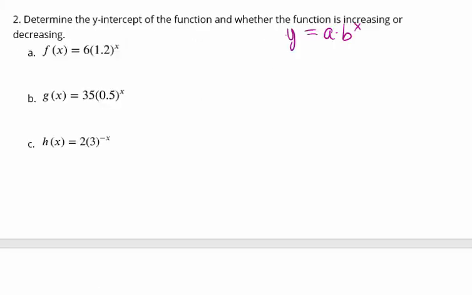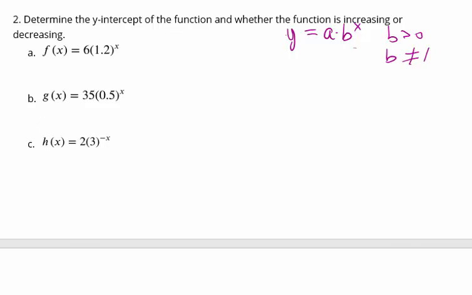Okay, in number 2 it says determine the y-intercept of the function and whether the function is increasing or decreasing, and we can learn those things from a and b in our exponential function equation. First, recognize that each of these is an exponential function, and you want to make sure that it's in this format, y equals a times b to the x, where b is greater than 0 and not equal to 1.